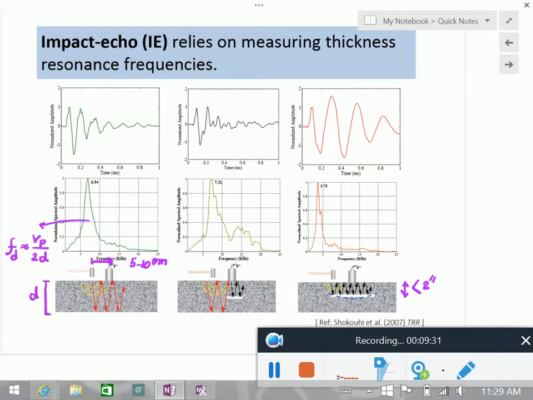If it is really, really low, it can be even 1/3 of that frequency, so you can hear it as a human being. And now there are all sorts of developments in impact echo, so you can basically just use a microphone, and there are rolling versions of impact echo. It's a very, very useful test, and now you all understand what it is.